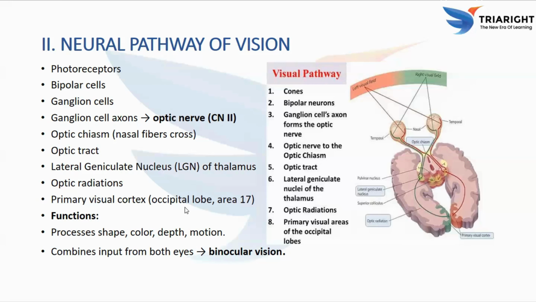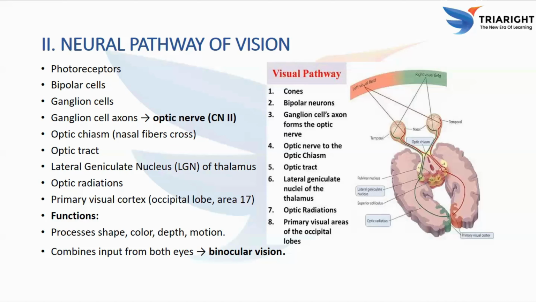This is where the actual vision is formed. What are the functions of the primary visual cortex? It interprets shape, color, motion, and depth. It combines both eyes' inputs, which results in binocular vision. It also sends the information to higher visual areas for interpretation, like face recognition, object identification, and movement tracking.